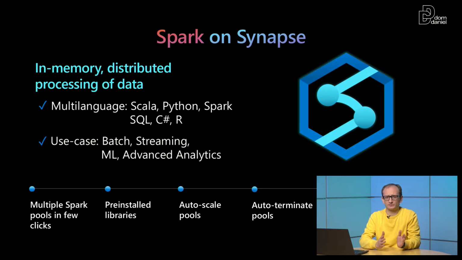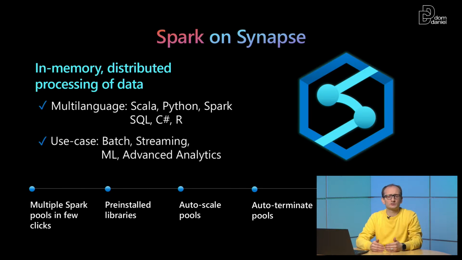We can use it for batch processing, stream processing, of course machine learning, integrated with other Azure machine learning systems, and of course advanced analytics, which is one of the main points of Synapse.